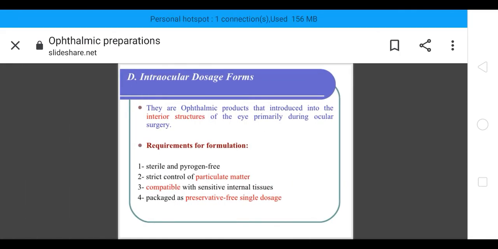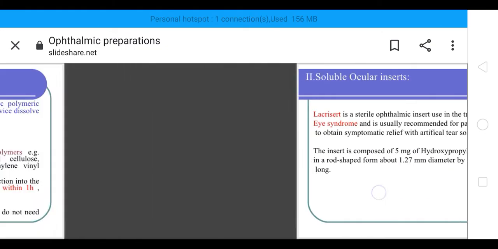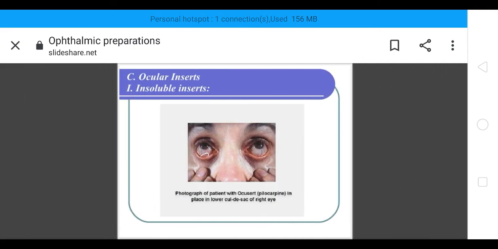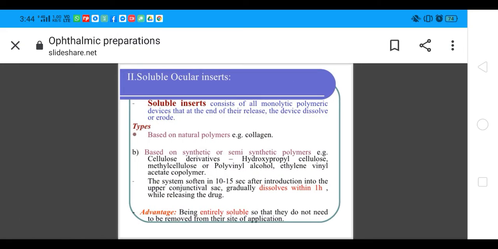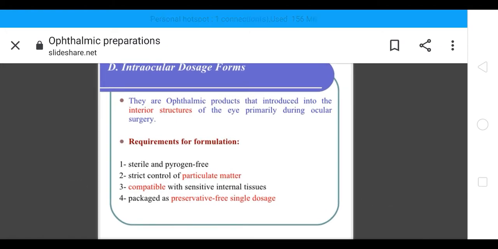Now, other than these ocular inserts, you have the intraocular dosage forms, which are ophthalmic products introduced into the interior structure of the eye during ocular surgery.